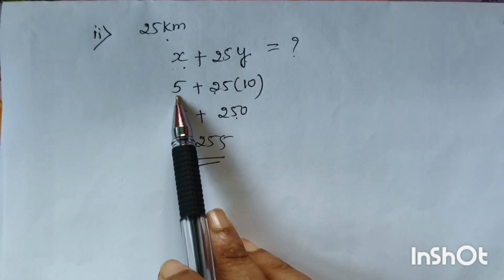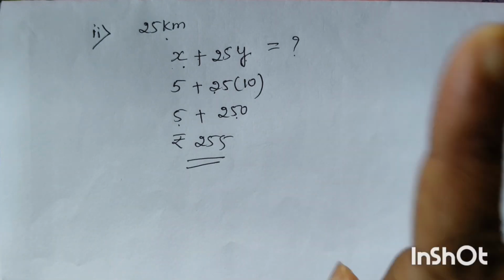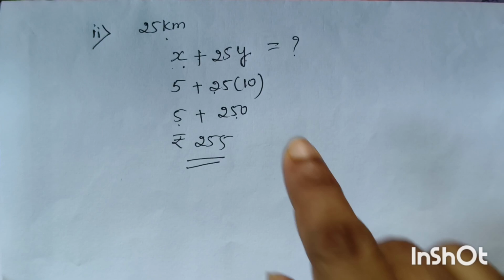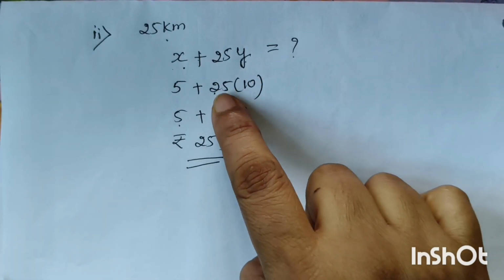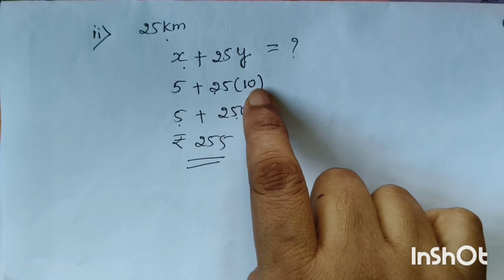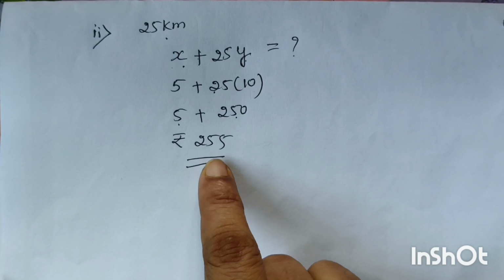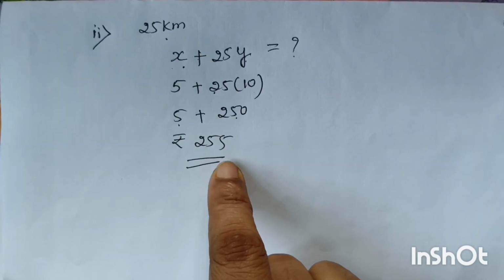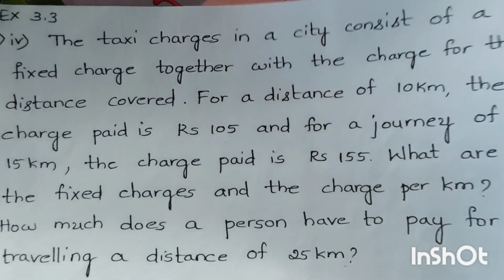Then he has to pay the charges per kilometer also. For 1 kilometer we got 10 rupees. But he travels 25 kilometers. Therefore, it will become 25 into 10. That is 5 plus 250. Then he has to pay 255. Take a complete view of the solution.